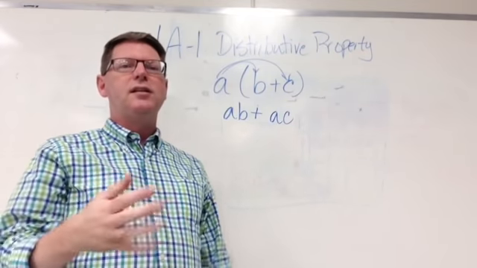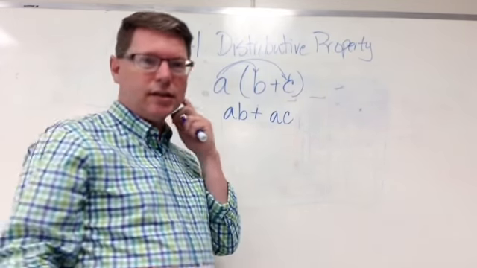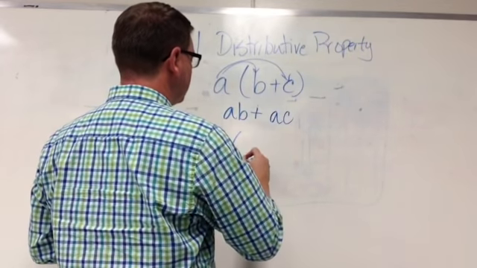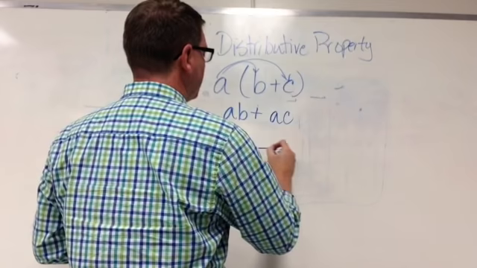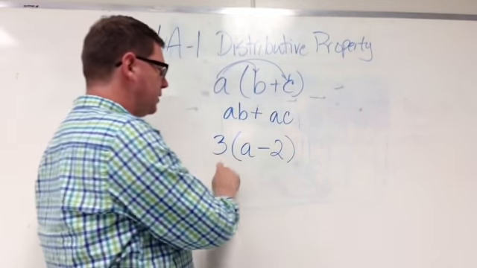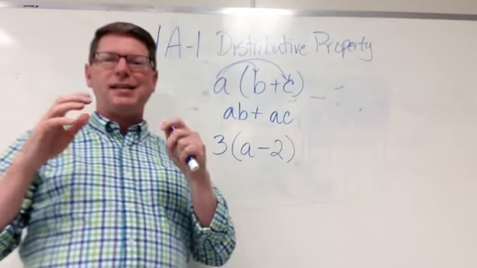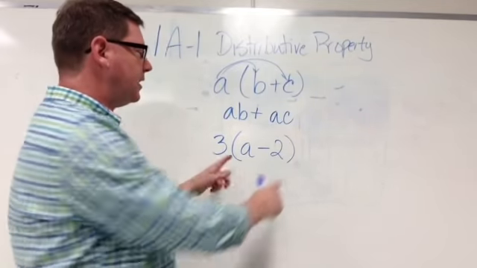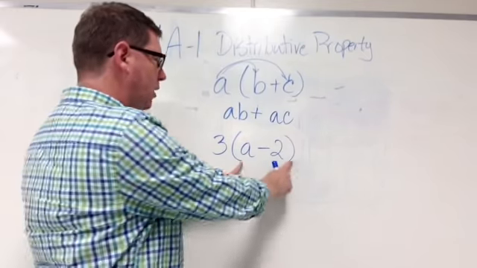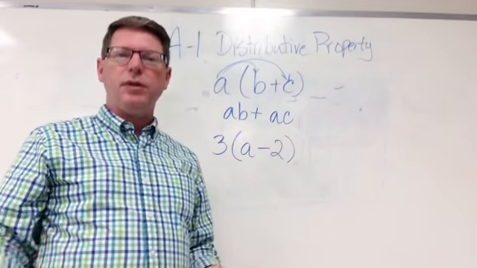Now let's look at one that has real numbers and letters in it. So we're going to take the problem 3 times the quantity of A minus 2. Okay? 3 times the quantity of A minus 2. And when I say times the quantity of, that means something's in parentheses. Times the quantity of always means it's going to be in parentheses.